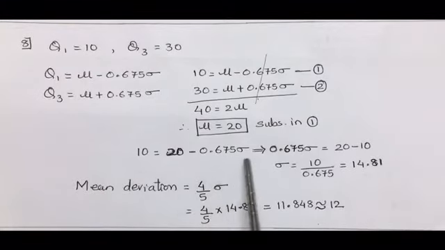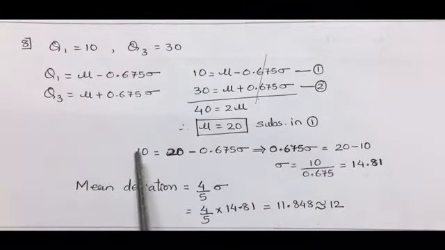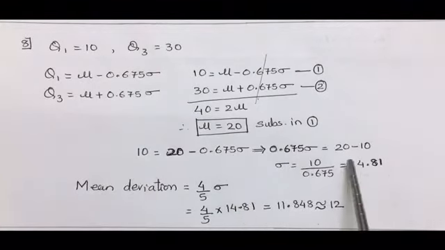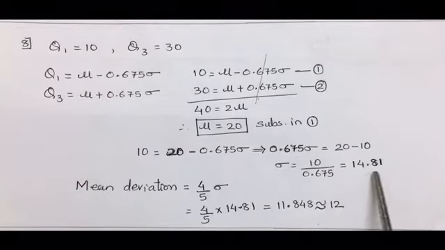Calculating for the value of sigma, 0.675 sigma is taken to the other side. 10 is shifted here, so 20 minus 10. That gives 10 upon 0.675, and calculating for sigma, we get 14.81. So the sigma value is 14.81.